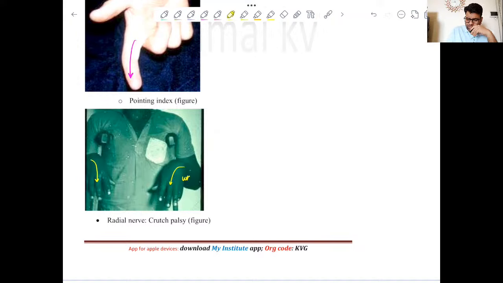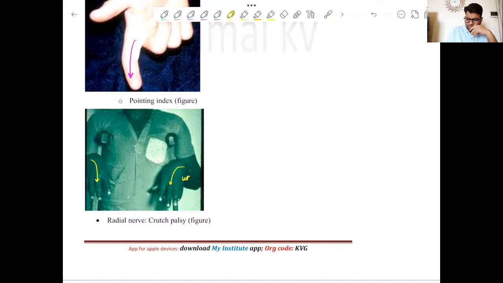Then moving to carpal tunnel syndrome, we have already discussed that it is compression of median nerve at wrist, right, as it passes through the carpal tunnel, and the conditions which are associated can be remembered by the mnemonic CARPAL.